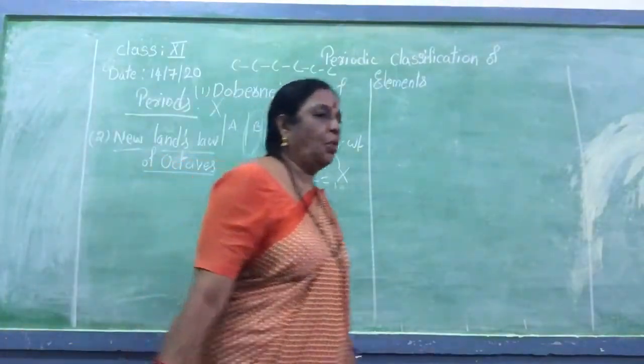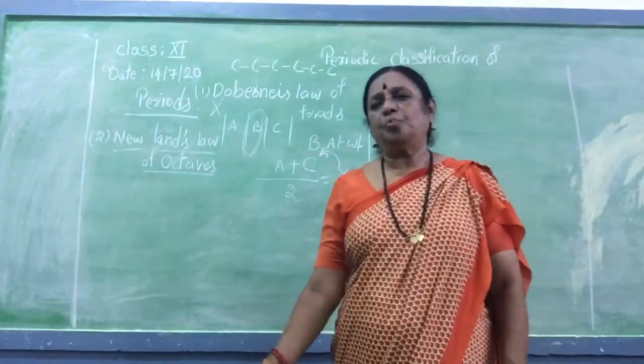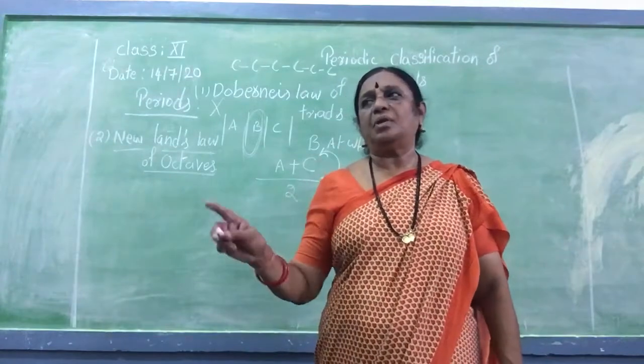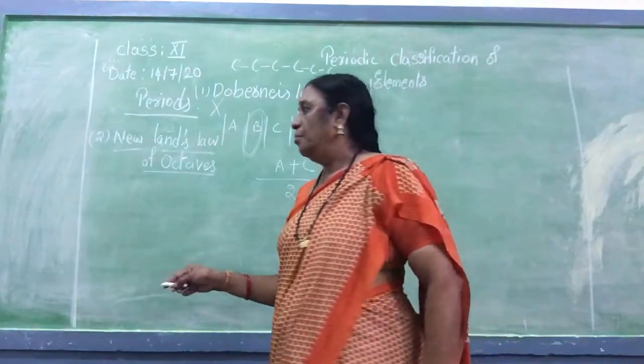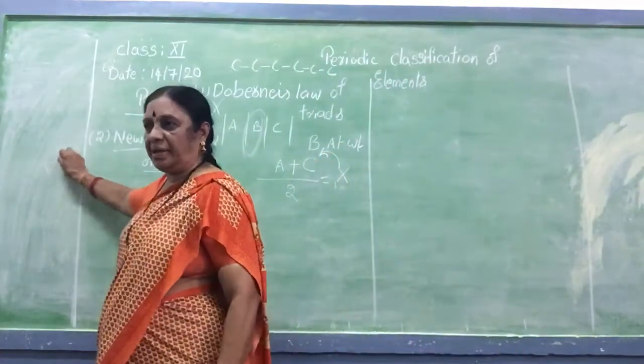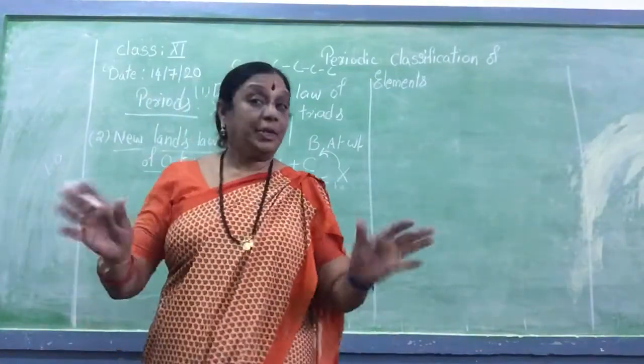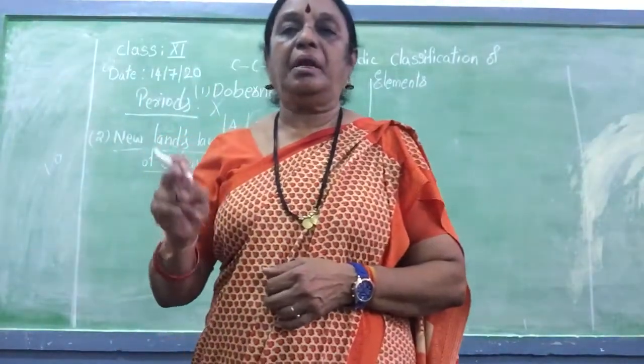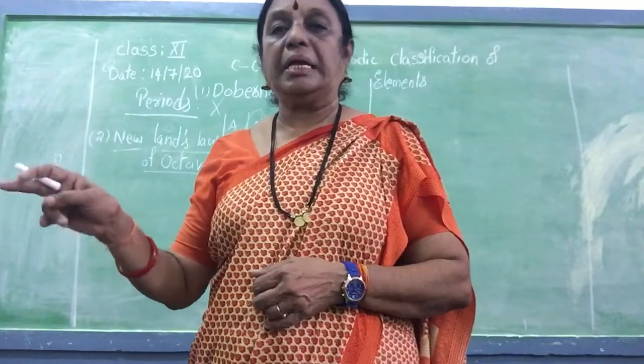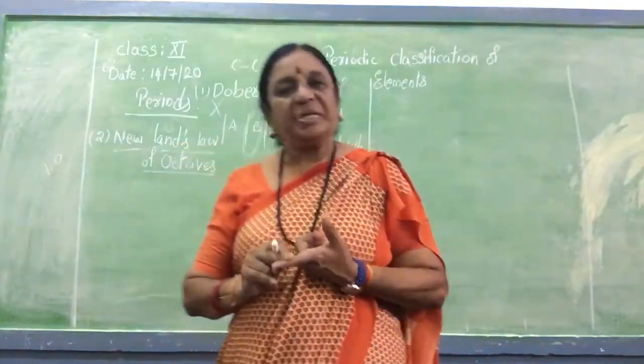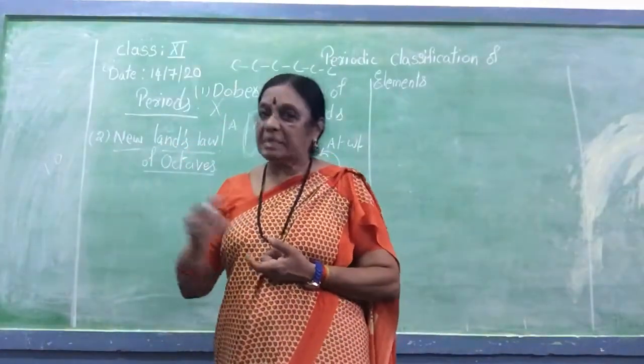According to Newlands' law of octaves, children, you know music, no? In music, how many notes are there? 8 notes are there, no? Sa, Re, Ga, Ma, Pa, Da, Ni, Sa. The first note is Sa and the last note is Sa.